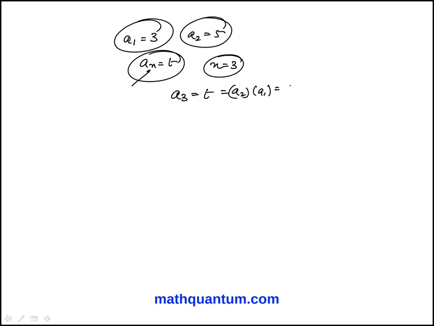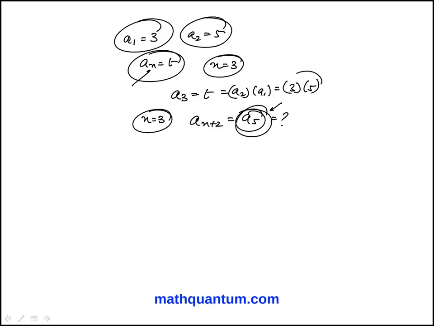So that's going to be 3 times 5. And based on the problem, since I chose n to be 3, they're asking for AN plus 2 in terms of T. So n is 3, so we're looking for A5, the fifth term. And the answer that would match with A5 for T equal to 15 would be the correct answer.